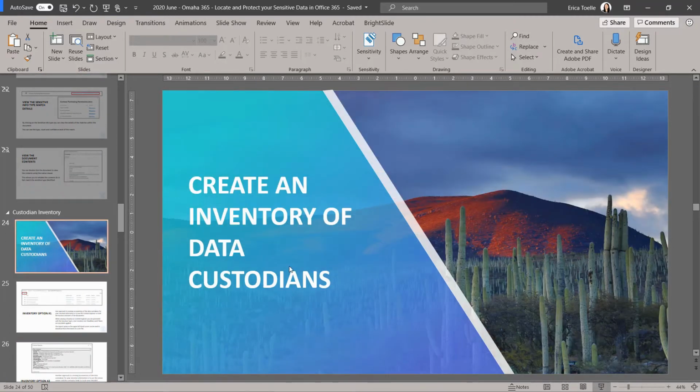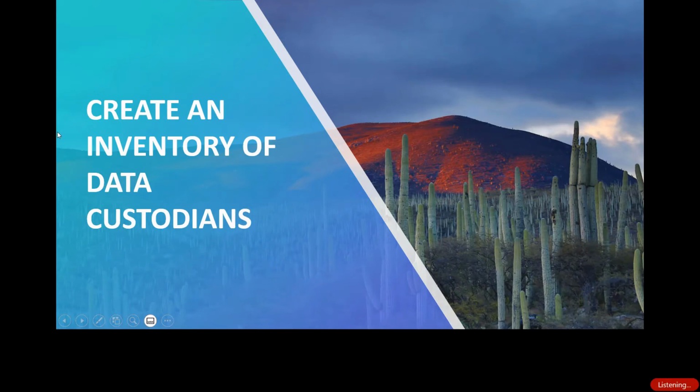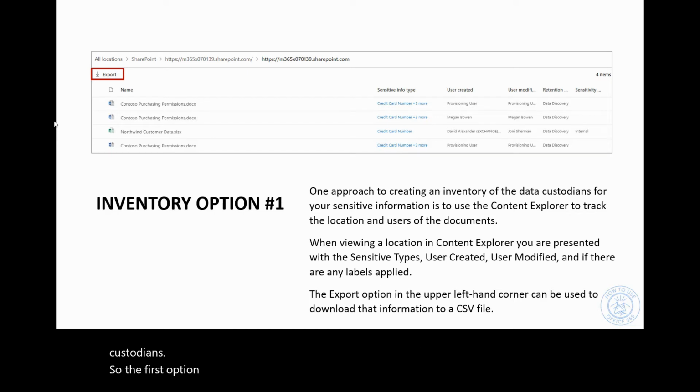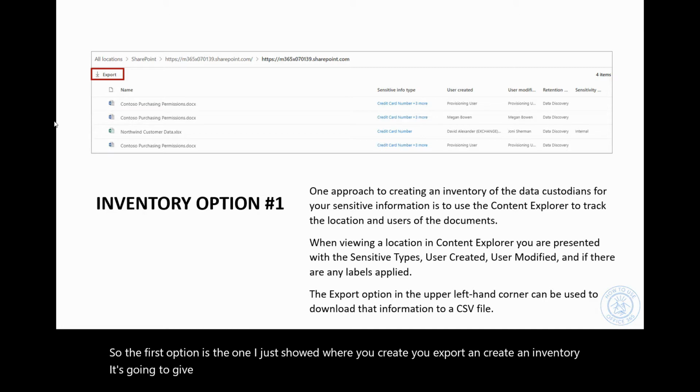So let's talk a little bit more about creating this inventory for the business users or the data custodians. The first option is the one I just showed, where you export and create an inventory. It's going to give you the metadata that's shown in the view as well, in case that's helpful.